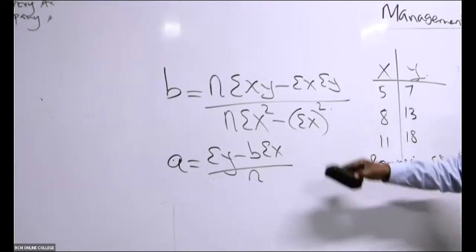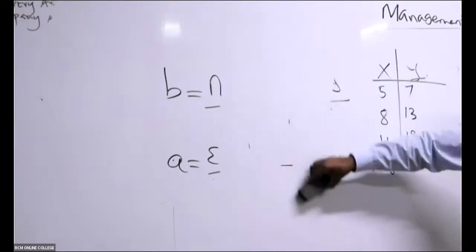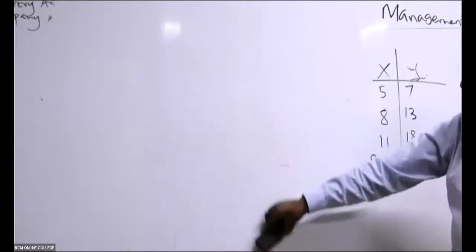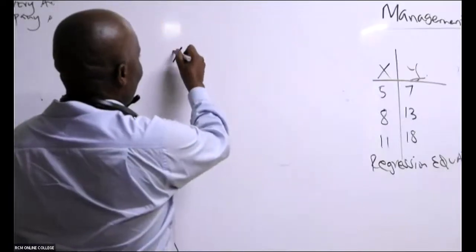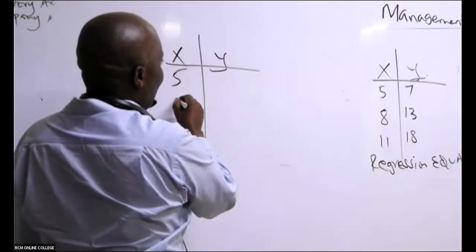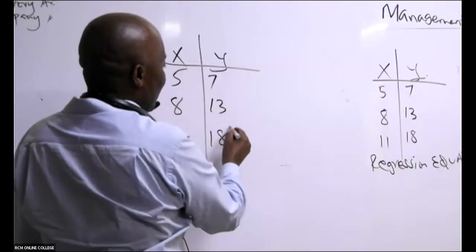All right. So we want to get a regression equation out of this. This is our x, this is our y: 5, 8, 11, 7, 13, 18.